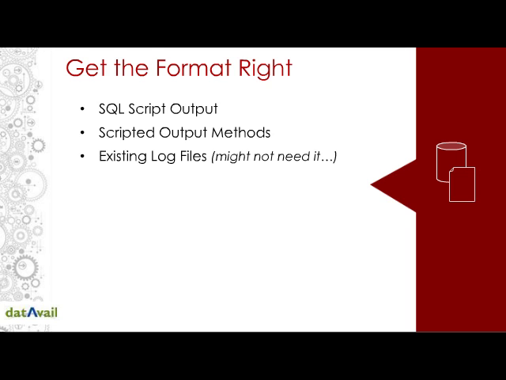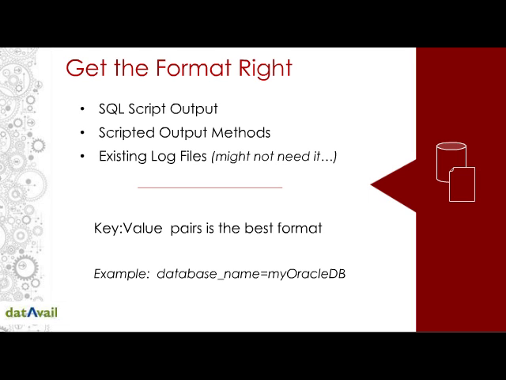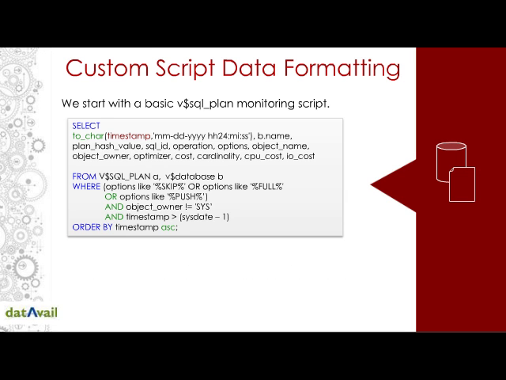If you take a SQL script and you create the key value pairs, just like this, if this is an example at the bottom, database name, and then my Oracle DB. And here's an example of a SQL script that is just a basic script that we're monitoring the SQL plan.